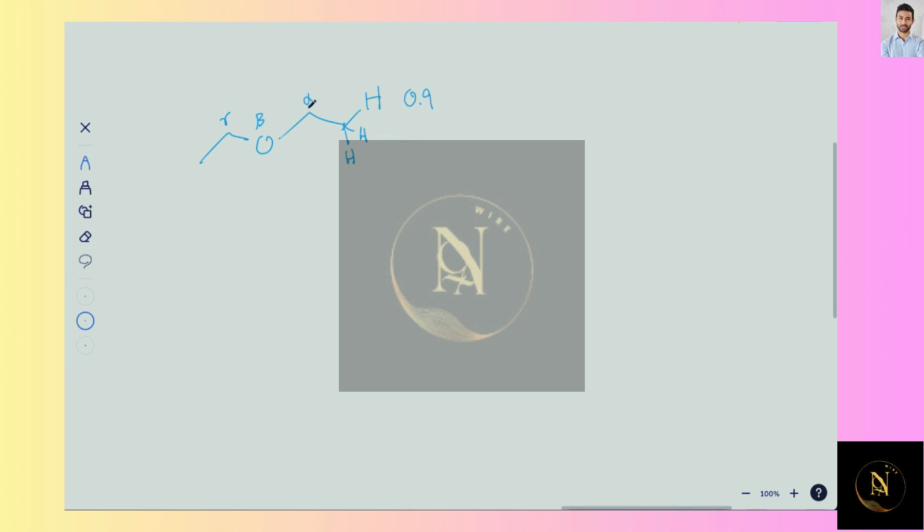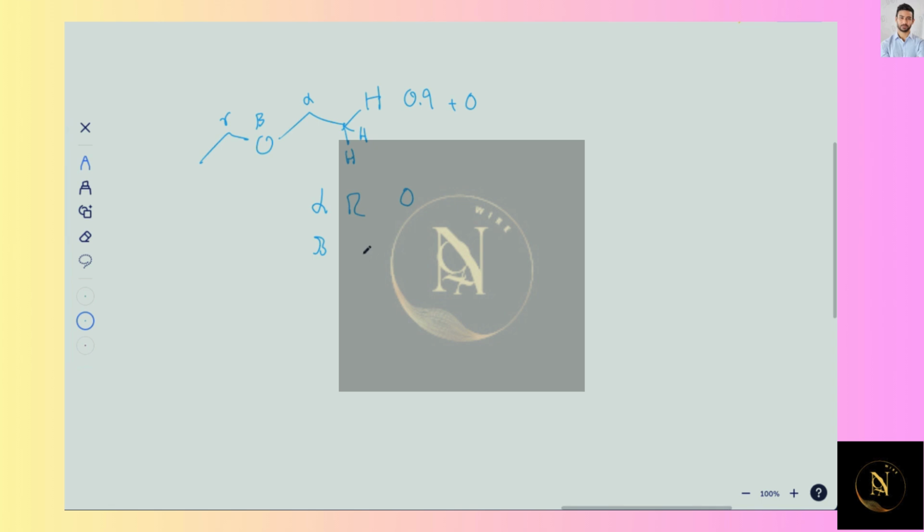Then we look at what's in the alpha position. In the alpha position, we just have carbon, so we say that's an R. At the alpha position, if we have an R, the additive parameter is 0, so we add 0. At the beta position, we have an oxygen that is an ether oxygen.